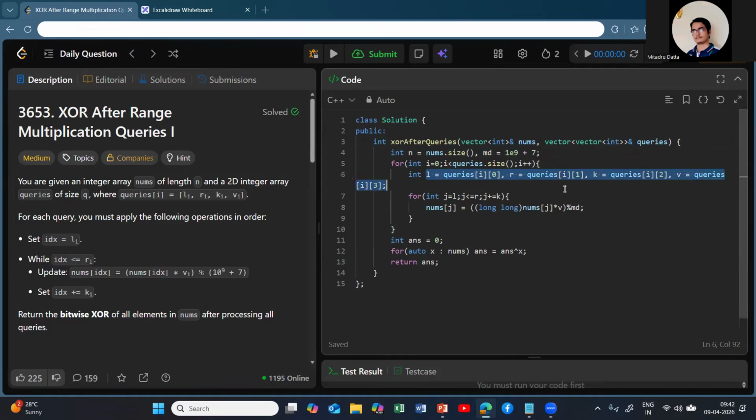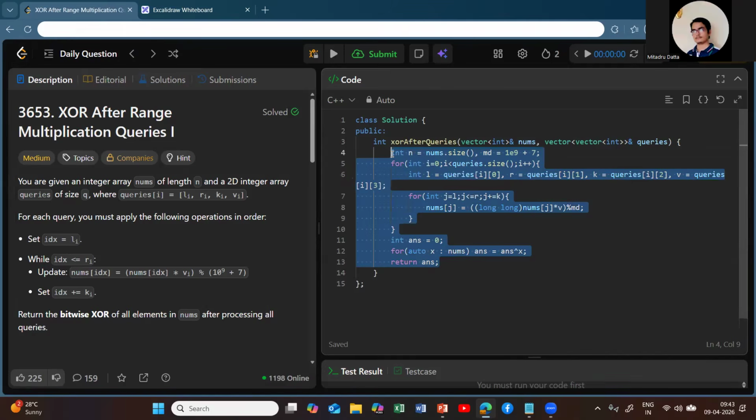From L to R, queries k and v also we extract. And as we told, in the for loop, j equals l, j less than or equal to r, j plus equals k. We jump in steps of k and update each one of them by multiplying with this value v, and at the end we simply take the XOR and return the answer.